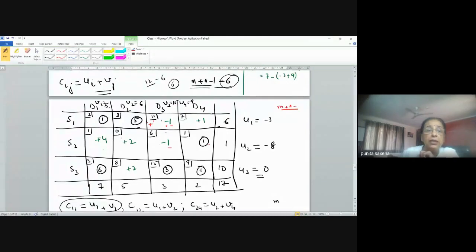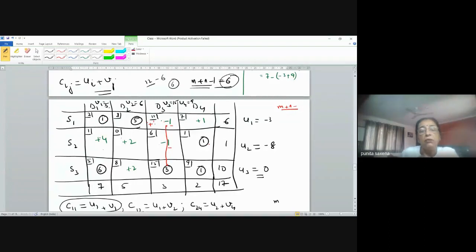What I'll do is draw a crisscross of straight lines, either horizontal or vertical. But when we turn, the corner of those loops must contain an occupied cell. This choice is totally random. If I start moving from here, I'll move down till this cell, which is an occupied cell.